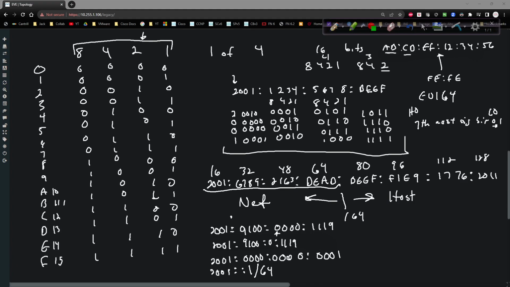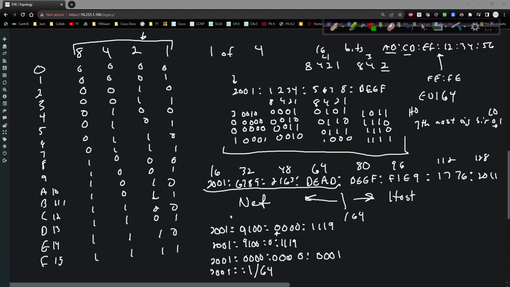So if we talk about the IPv6 7th bit, why is the 7th bit flipped in IPv6? To make it easy. It determines whether the MAC address was universally or locally assigned.